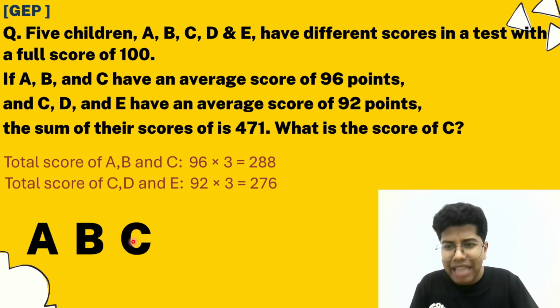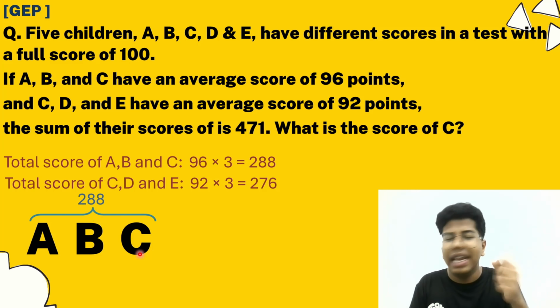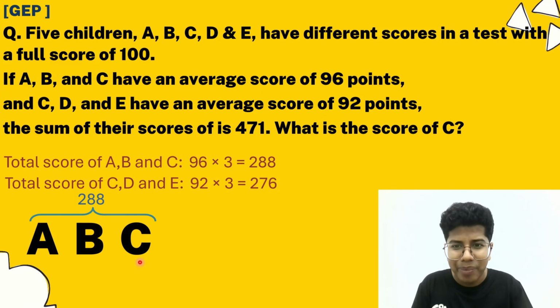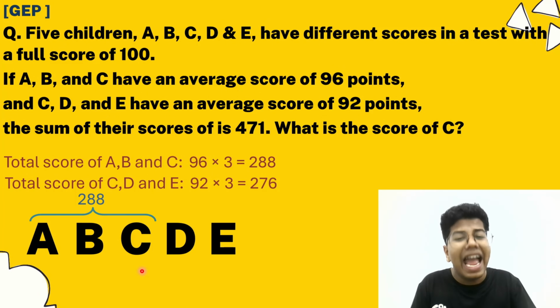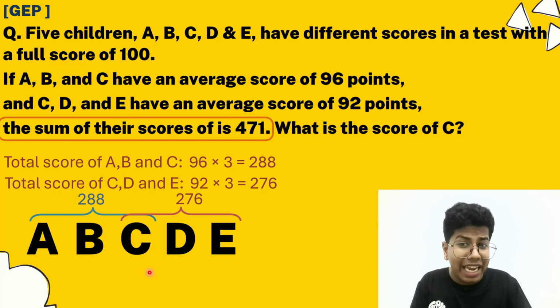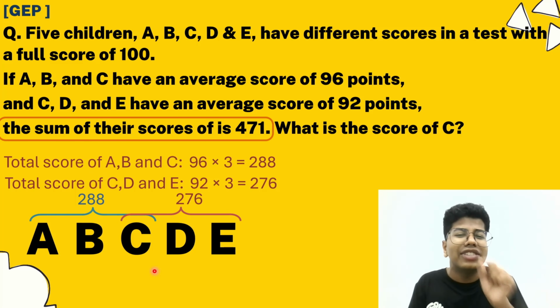Now let's try to understand. For A, B and C, we know the total, that is 288. We don't know the individual values, but we still know the total. Now also for C, D and E, we know the total is 276. Now the question is asking us to find C, but it also says the sum of their scores is 471.